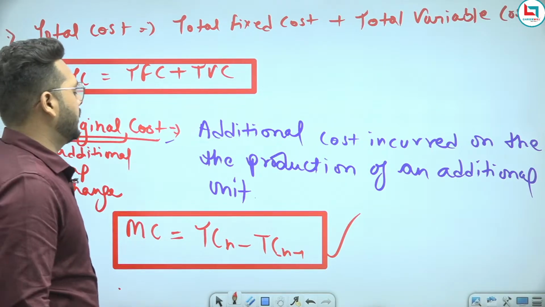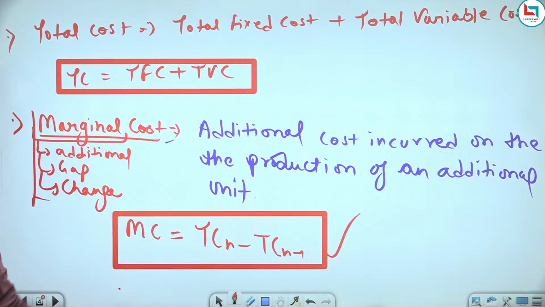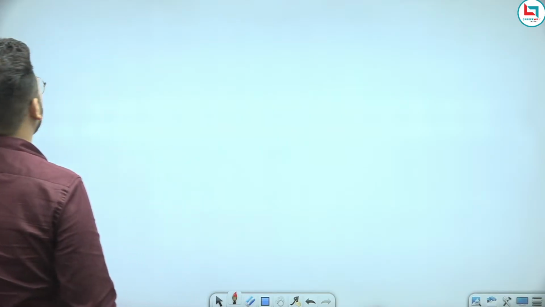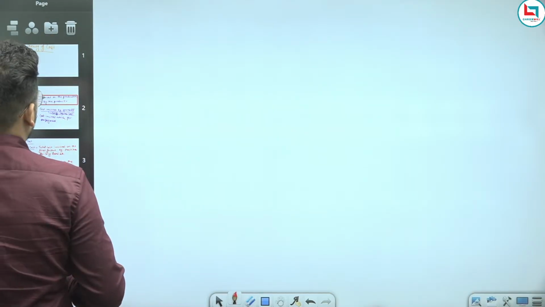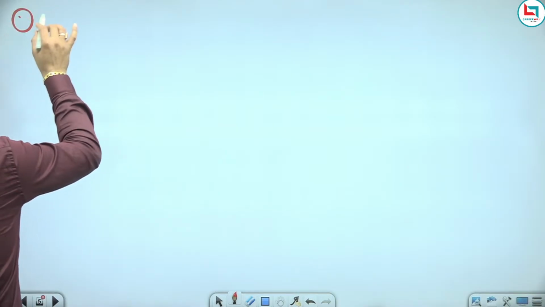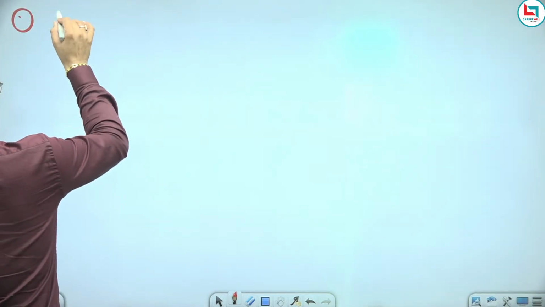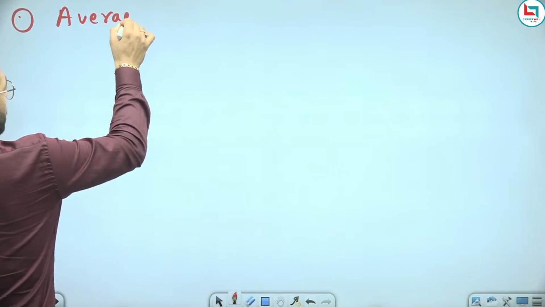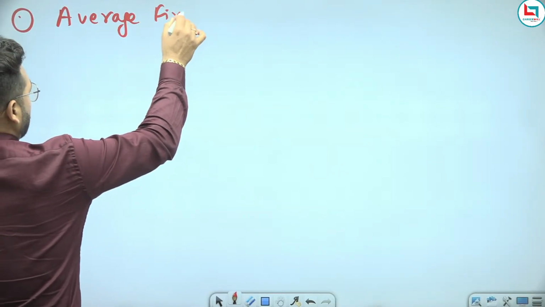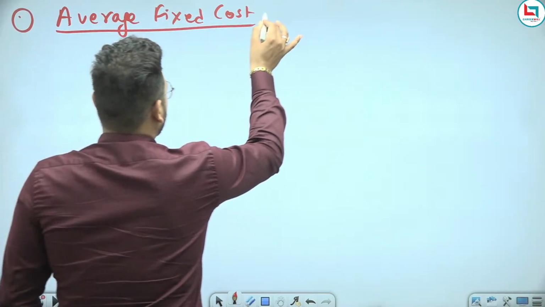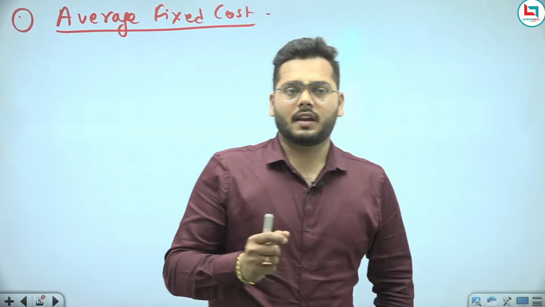So that we understood everything: what is the meaning of marginal cost, what is the meaning of total cost. Now we need to understand the meaning of another cost, the average costs, right? First of all, you need to understand the meaning of average fixed cost. What do you mean by average fixed cost?